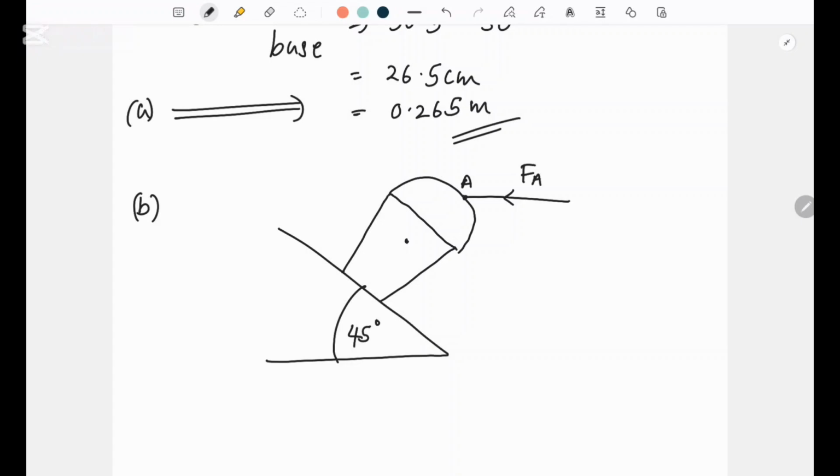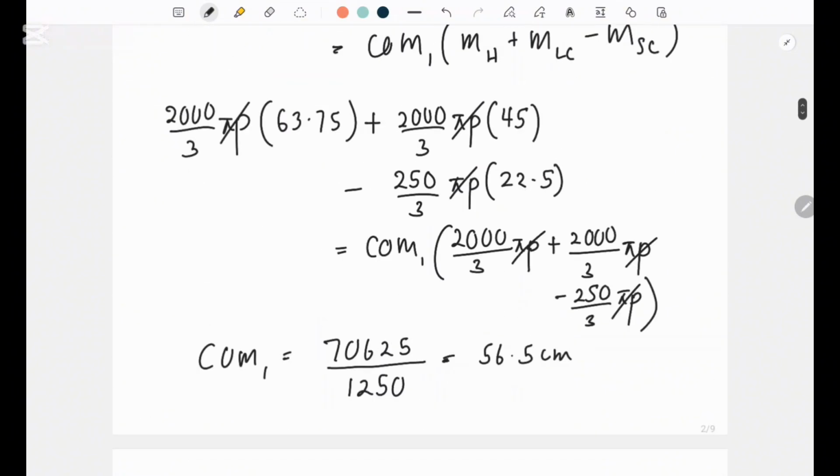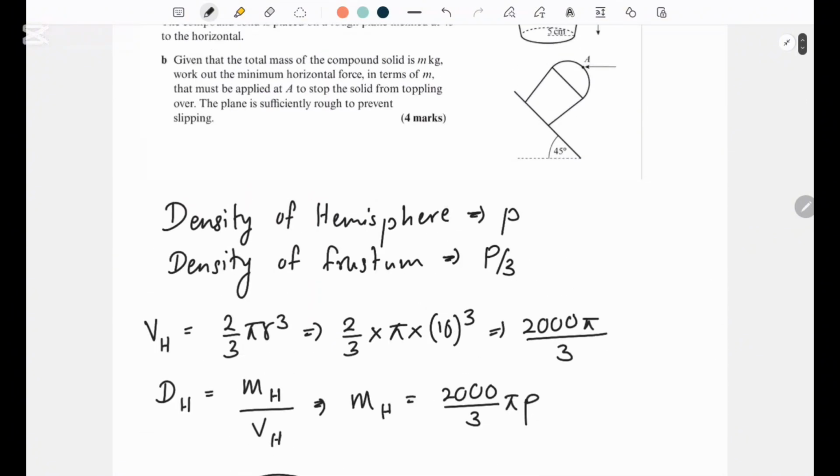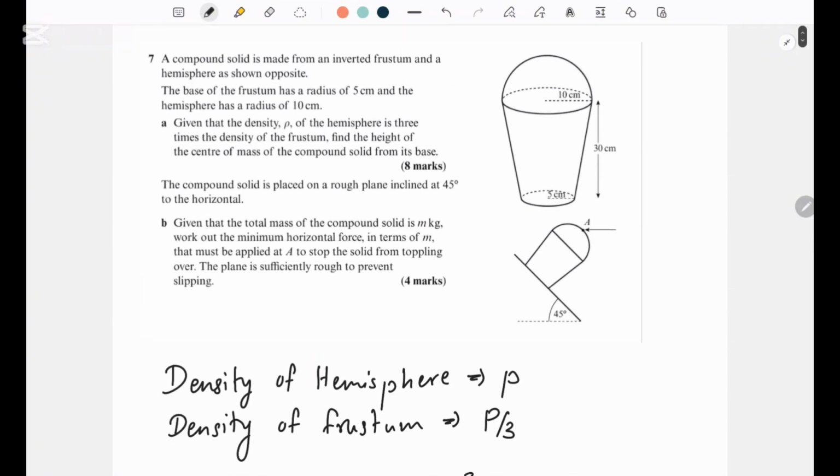And mass mg. So what they say in part B is, given that the total mass of the compound solid is m kilograms, work out the minimum horizontal force in terms of m that must be applied at A to stop the solid from toppling over. The plane is sufficiently rough to prevent slipping.